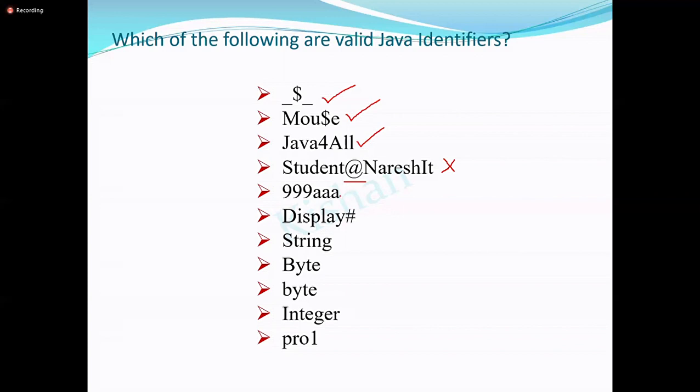What about fifth one? Sir, actually we have already seen that, sir. A Java identifier never starts with a number. So this is also invalid. Okay. Next one. Sir, this is also invalid. Why? We are having hashtags, sir. Only two symbols are allowed. Dollar and underscore. So this is also invalid.